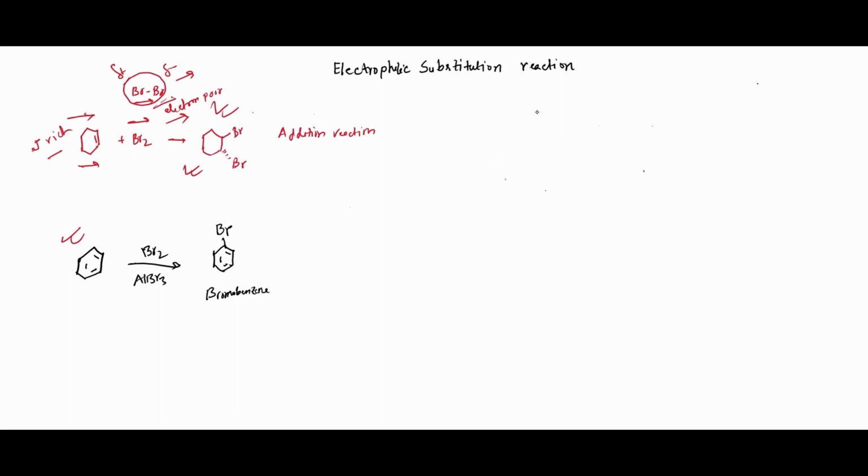Okay, so let's just think that we have this aluminum bromide, and we have this bromine molecule which has lone pairs of electrons on it, right?